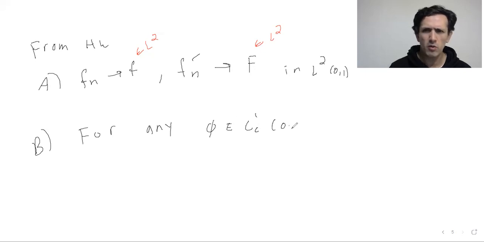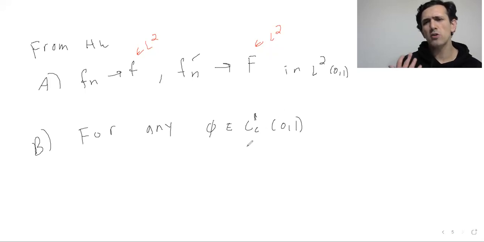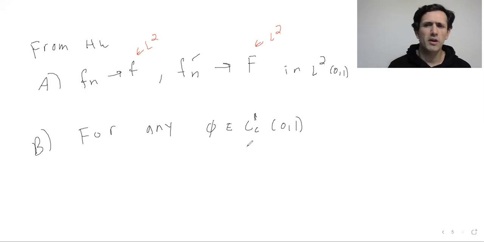C_c^1 of 0, 1, what on earth does that mean? That means that phi is continuous and has a continuous derivative on 0 to 1, and phi is 0 away from a closed interval contained in 0 to 1. So the c here means it has compact support. Away from a closed interval of 0 to 1, phi is 0. Okay.